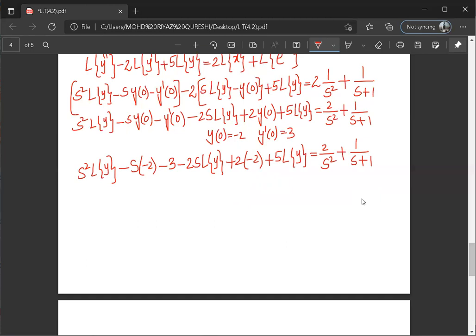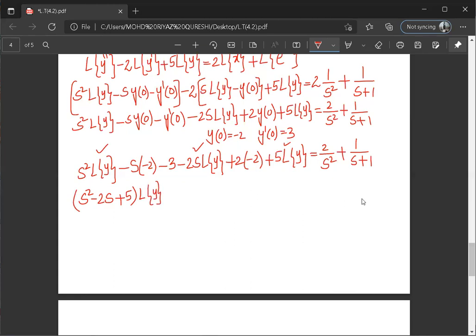Now you can see what we can take common. Shall we take L of y common from this and this? Yes. S square minus 2s plus 5 L of y, if you are taking L of y common.